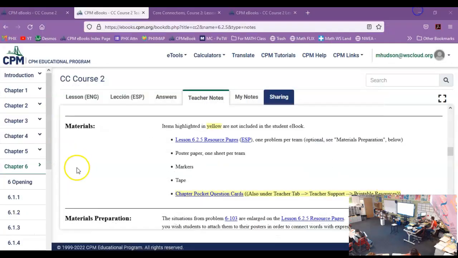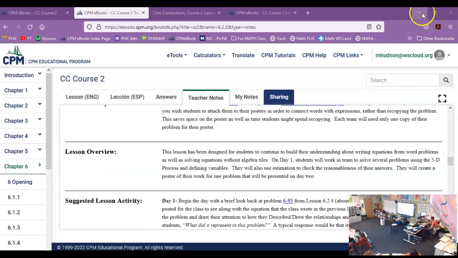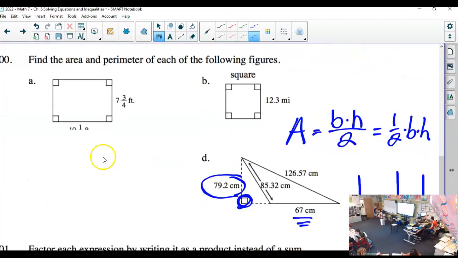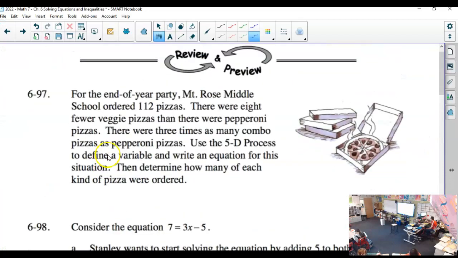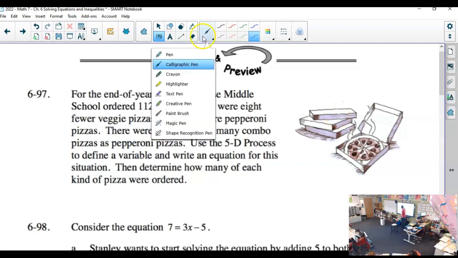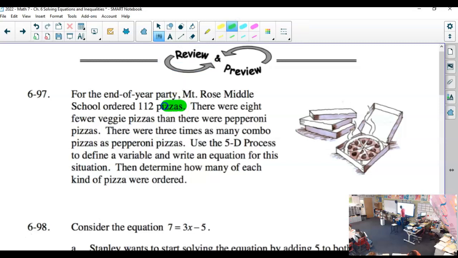97. It's a tough one, so I wouldn't be surprised if we mess something up because it's a difficult one. 97 says, for the end of the year party, Mount Rose Middle School order 112 pizzas. That's even more pizzas than I've ever ordered. That's our total, right?